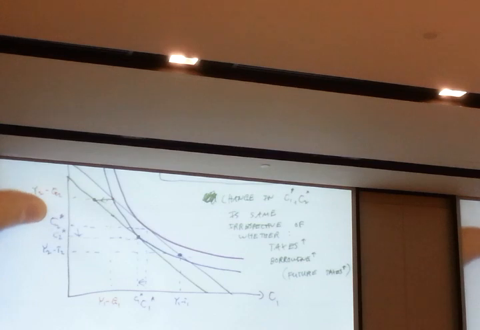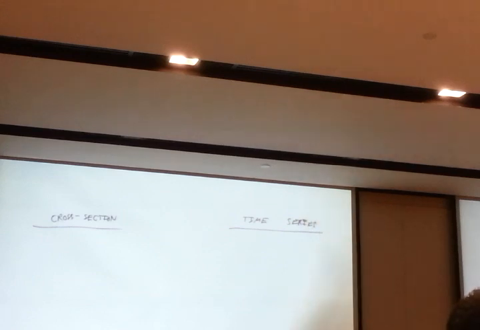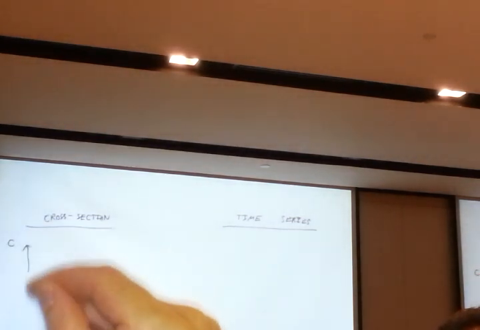So who can tell me what cross-sectional means as opposed to time series? So we're going to be talking about data on two things, consumption and income.